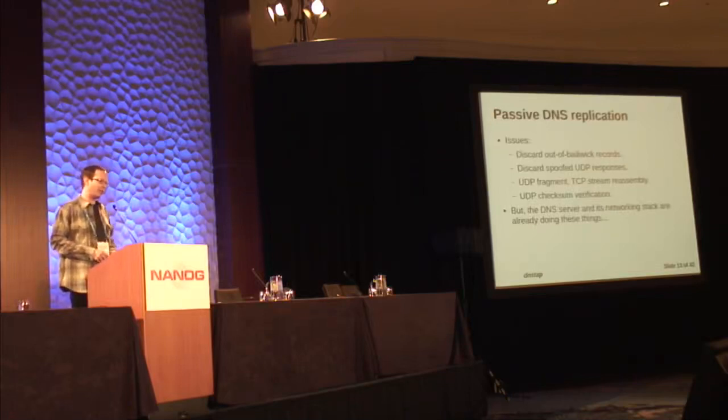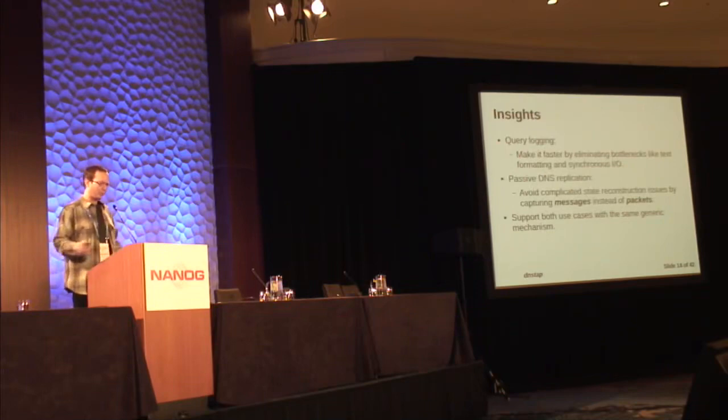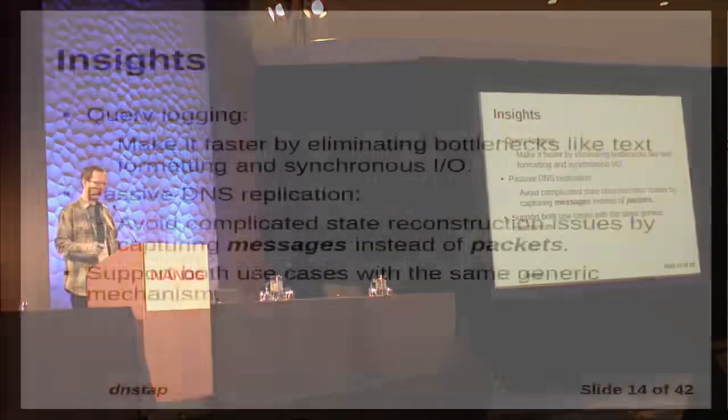And the interesting thing is that the recursive DNS server and the kernel and networking stack that's running on everything are actually already doing these things. And so if there were some way we could be inside the DNS server, we could avoid almost all of these issues. So here are our key insights for these two use cases.